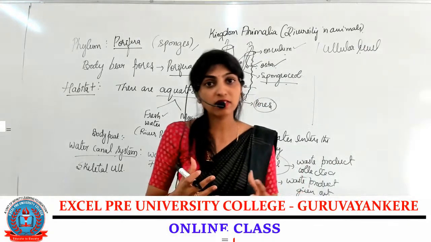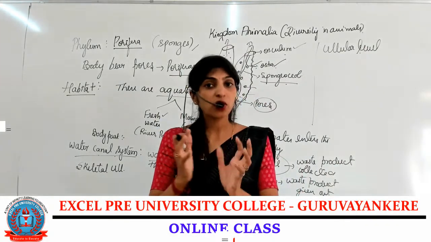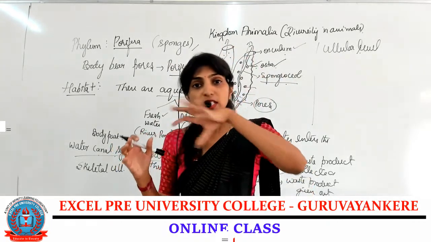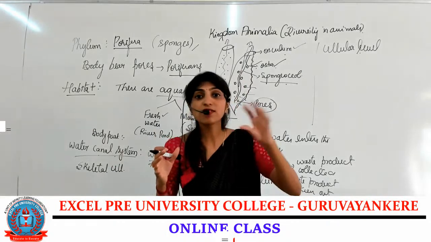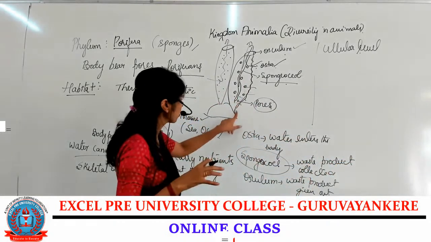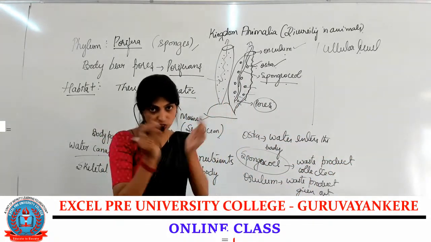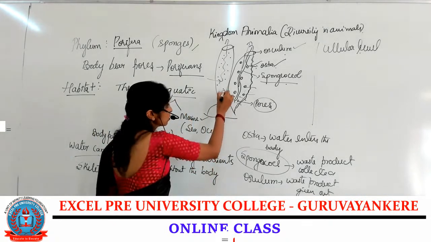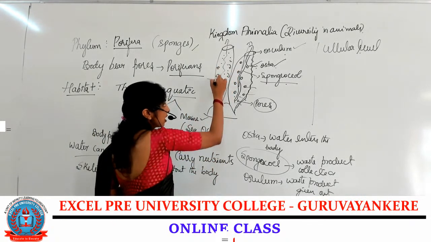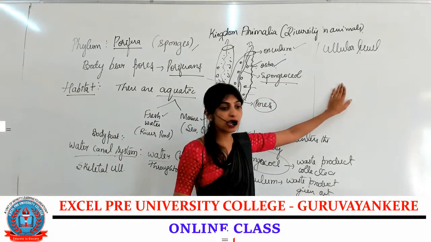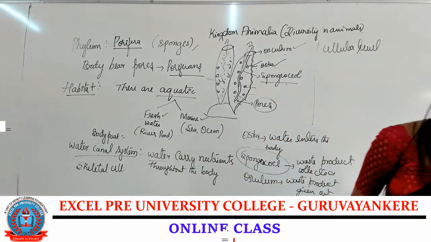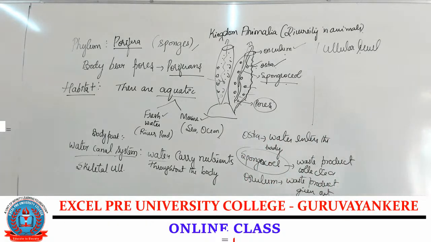Here the animal's body has different cells, which are loosely arranged, not tightly packed, and each cell has a particular function. In porifera, we do not have a group of cells forming tissue. Cells differentiate there. It is a minimal or lower level of organization, that is, the cellular level of organization.